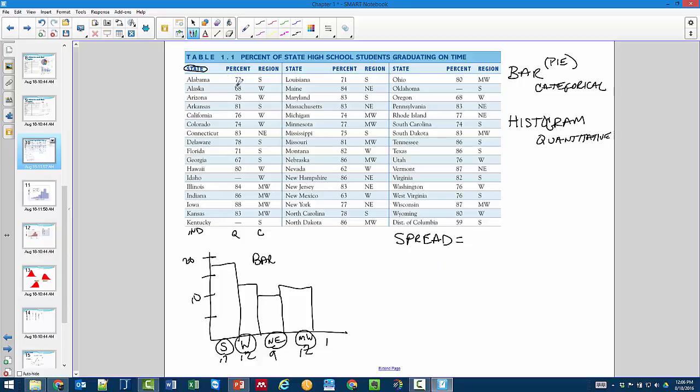I want to find the smallest piece of information, which in a brief cursory glance looks like it's 59. And I want to find the largest piece of information. So I got an 88. Doesn't have to be perfect, but I am going to be looking at a spread from 59 to 88.